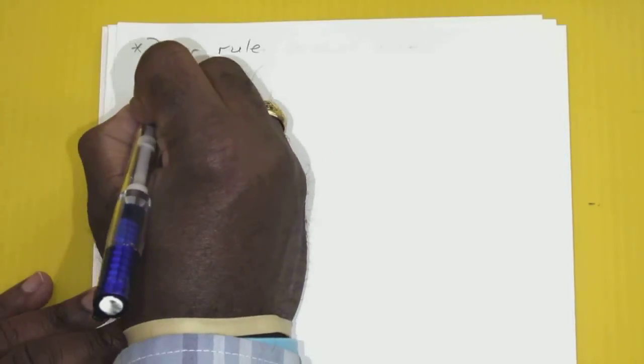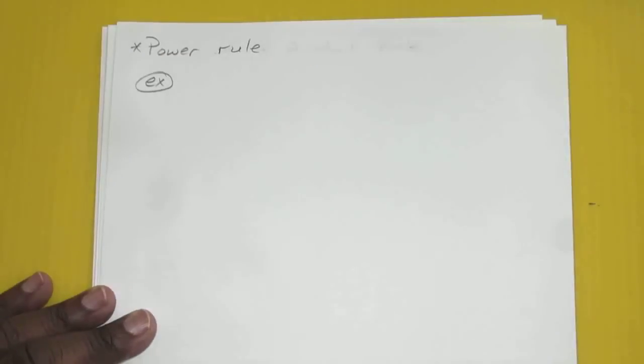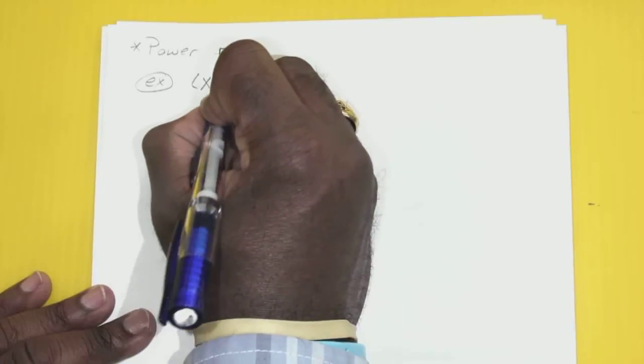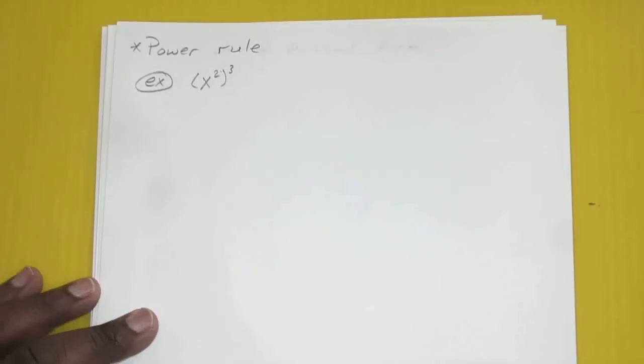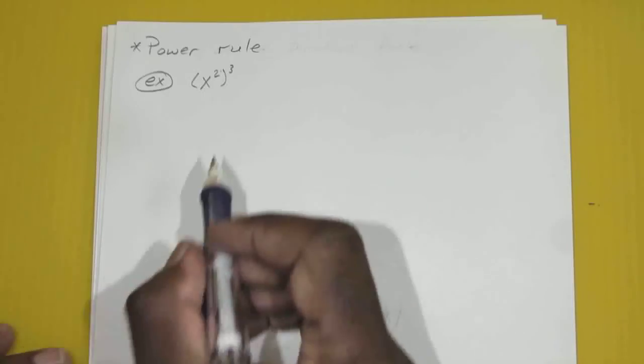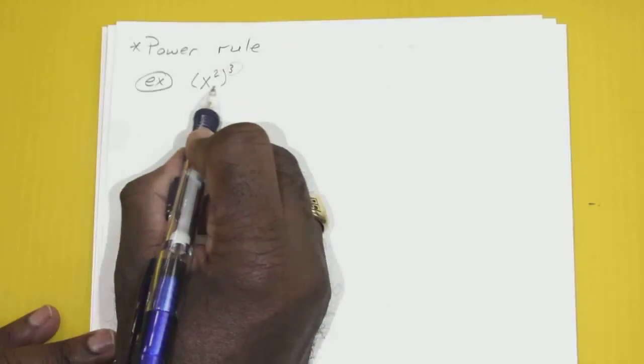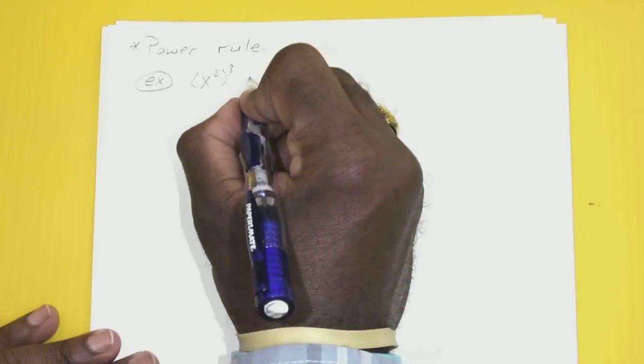Okay, so let's say, for example, instead of x to the third power, we have x squared to the third power. Remember, that to the third power is just whatever's inside the parentheses.